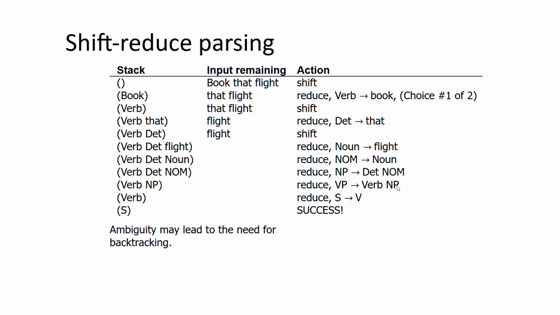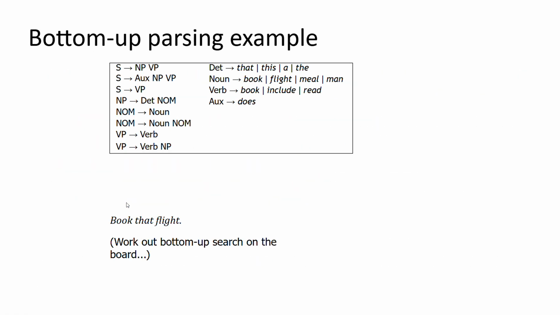So that is a reduce: verb NP. Okay. Until and unless you reduce it to a single start symbol, you can't say it's a success. So verb NP will become a verb phrase, and then S will be reduced from it, so finally you get a success. How?